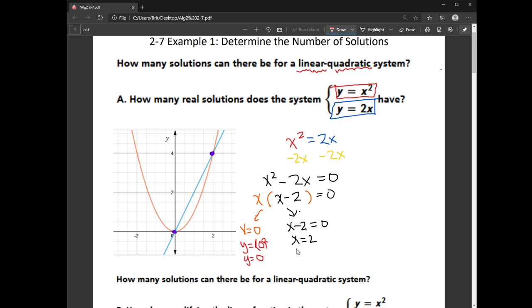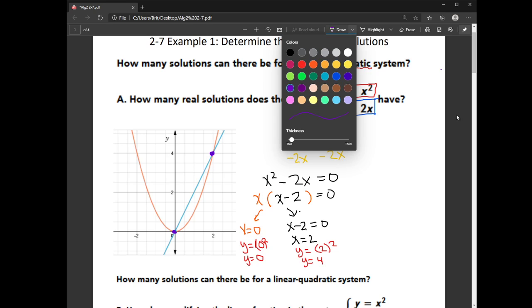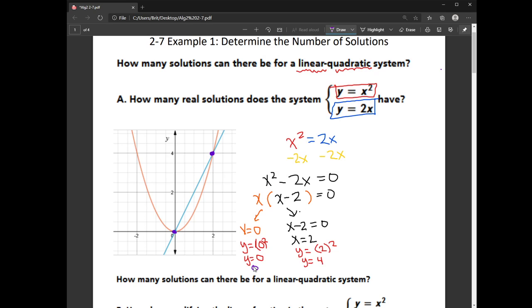And here I get y equals 2 squared, therefore y equals 4. So my two solutions are at 0, 0, and at 2, 4. And look, if you check it out, here's 2, 4, and here's 0, 0.